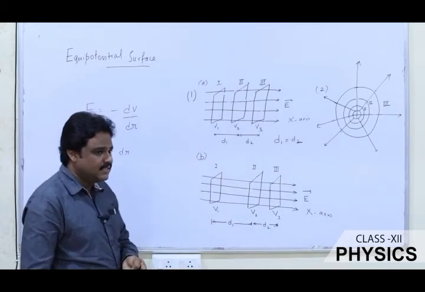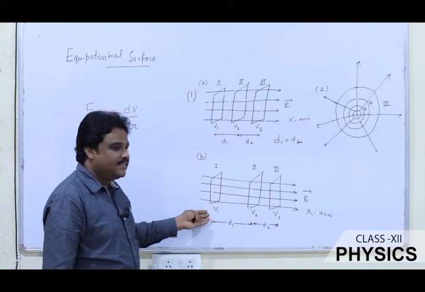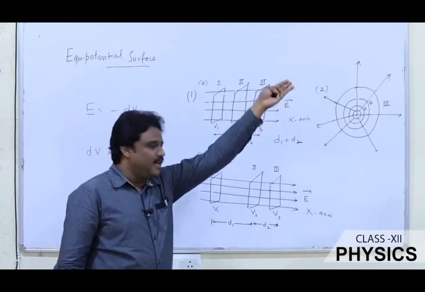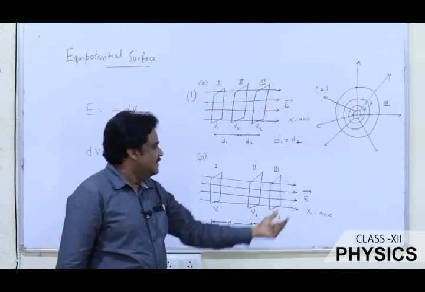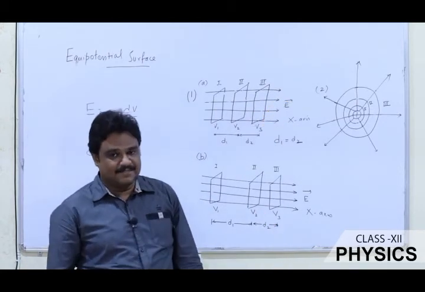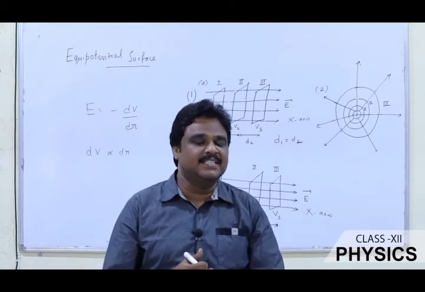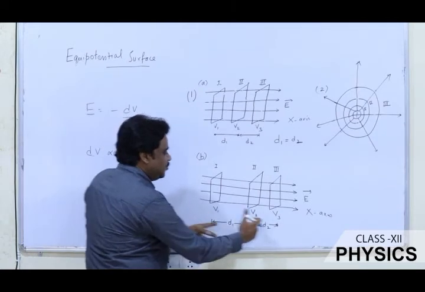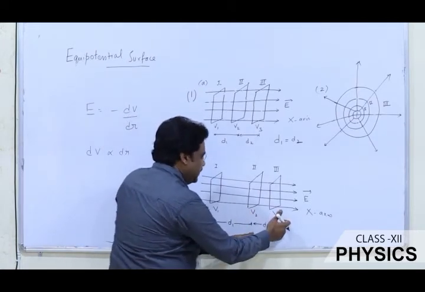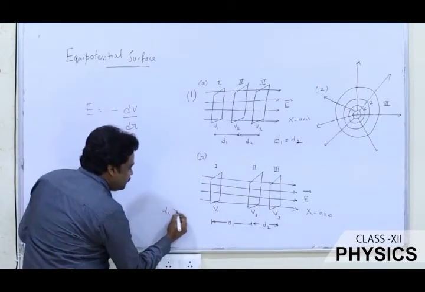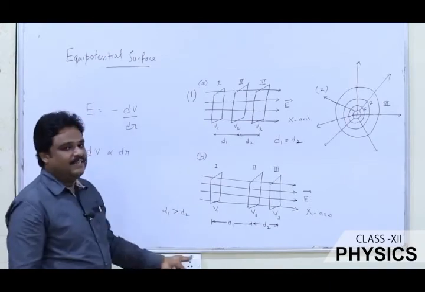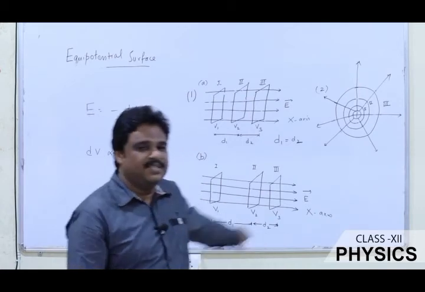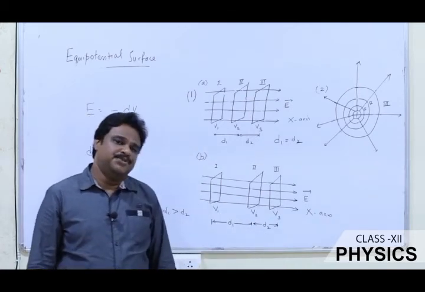The only difference is, here also you are going to draw planes normal to the electric field, but as we go along the increasing direction of electric field, the separation between the planes will decrease. The separation between the equipotential surfaces will decrease. So you are able to see D1 is the separation between V1 and V2, D2 is the separation between V2 and V3. So obviously D1 is greater than D2. The only difference between the two figures is the separation of the planes. This type of question is usually asked in the boards.